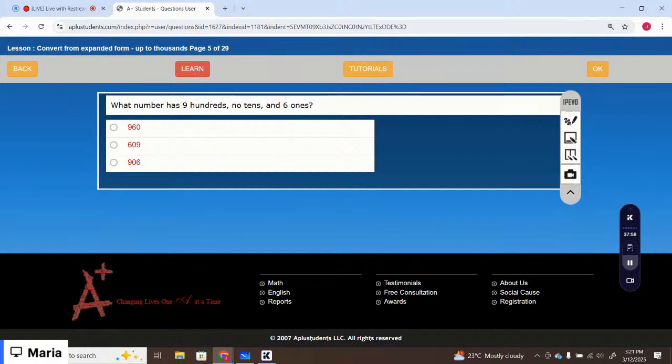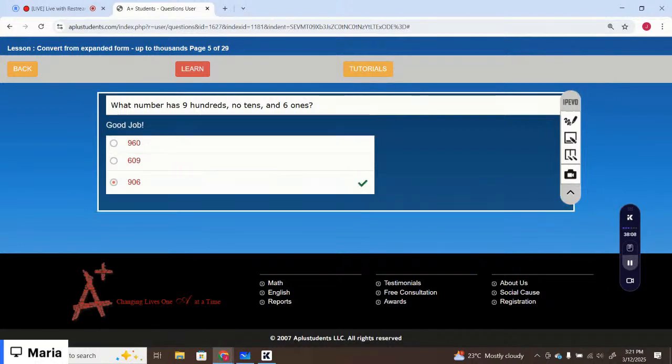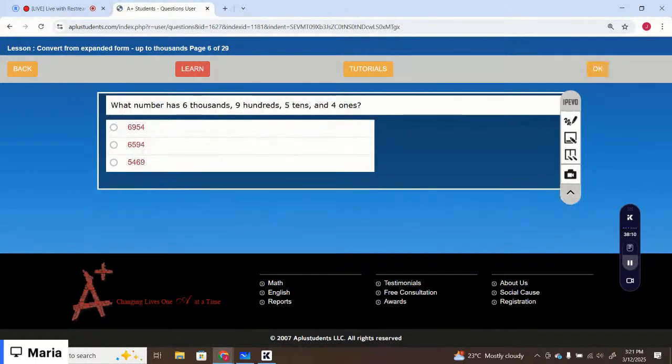So that is 906. Option number three is the correct option. What number has six thousands, nine hundreds, five tens, and four ones?